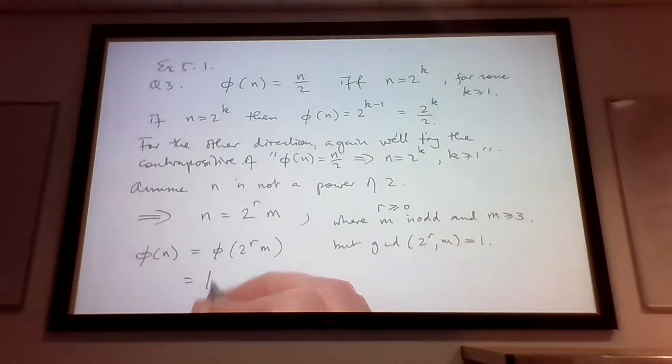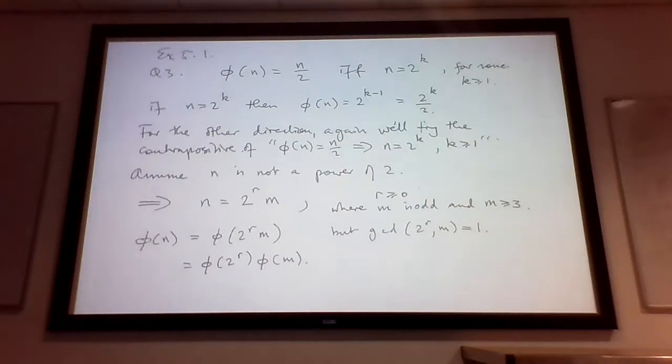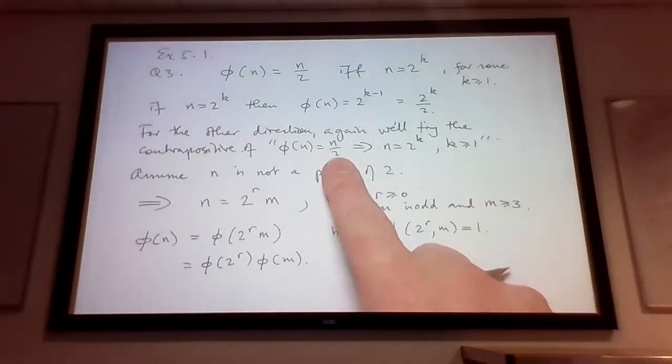So I can write this as phi of 2 to the r times phi of m. I'm trying to prove here that phi of n is not n over 2.